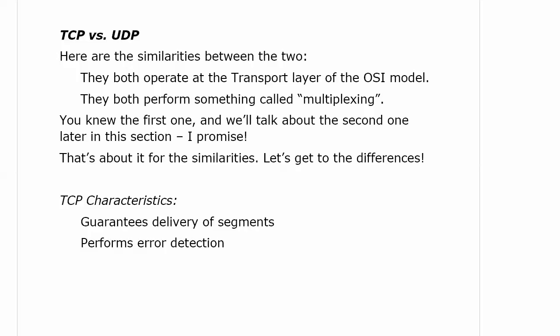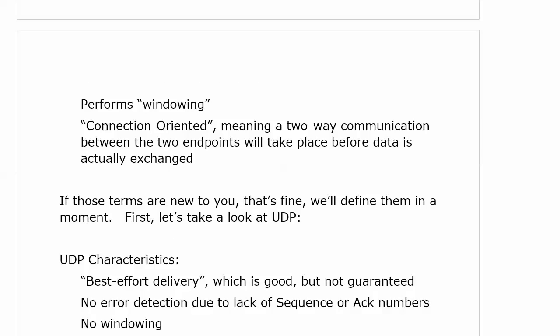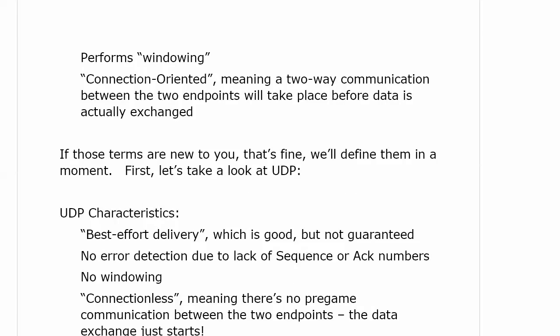First off, TCP guarantees delivery of our segments. That sounds like a pretty good deal. It performs error detection as well. It performs windowing, whatever that is. If you don't know what it is, we're going to get to that. And then connection-oriented, which means that a two-way communication between our endpoints is going to take place before data is actually exchanged.